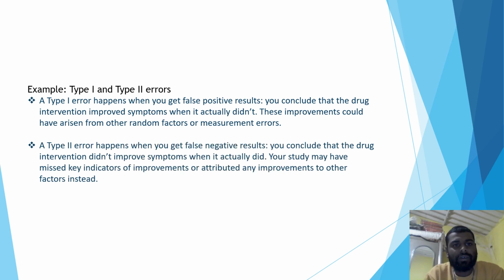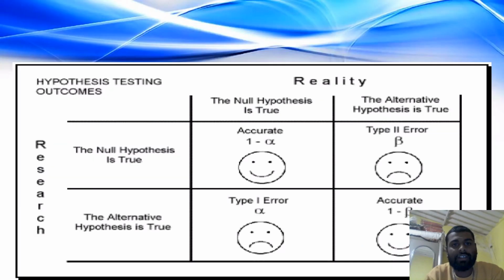A type 2 error happens when you get a false negative result: you conclude that the drug does not help when it actually does. Hypothesis testing.